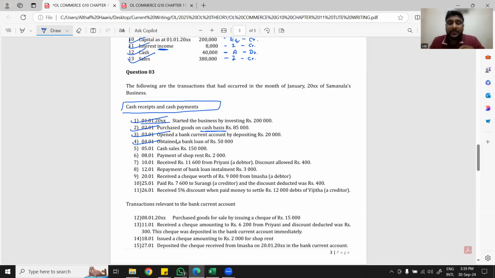Cash sales. It's a sale, so we are getting money. Cash asset is increasing, debit. And sale is an income. Income increases credit. So cash debit, sales credit.